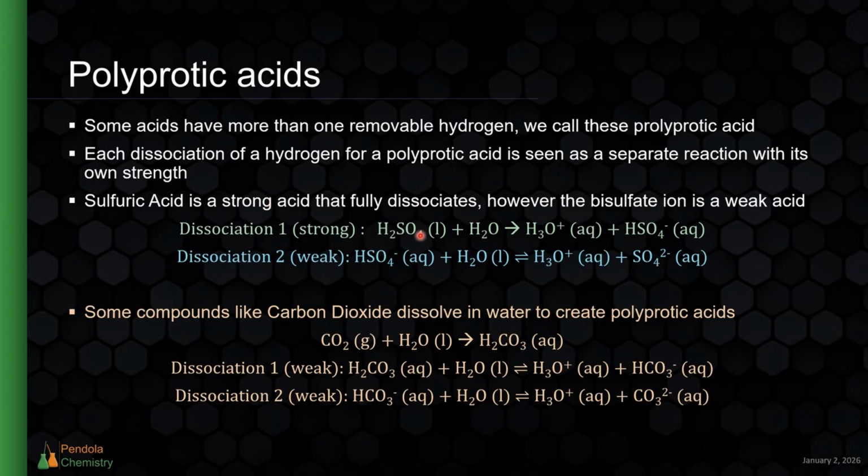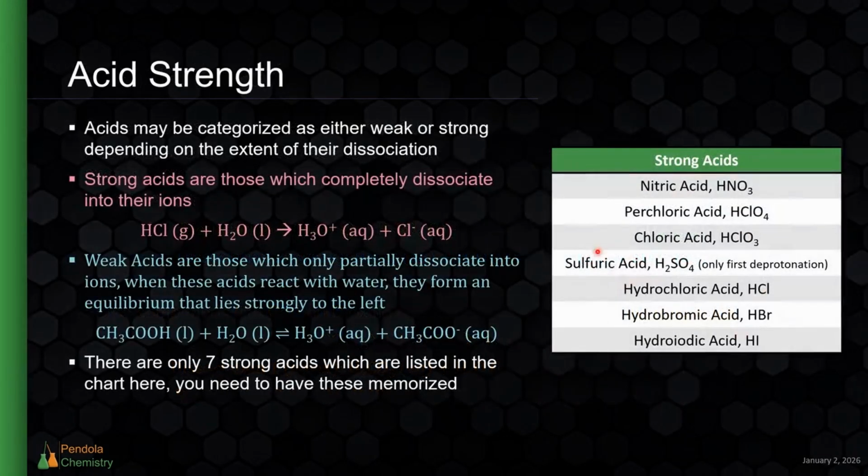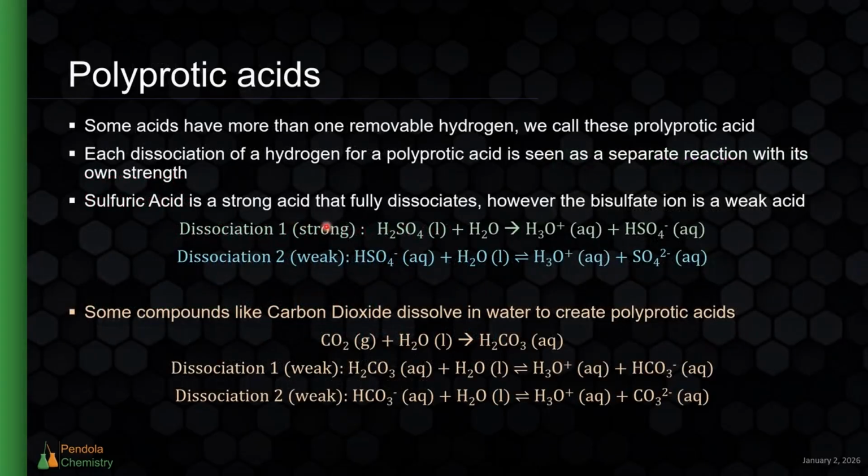Like I said earlier, sulfuric acid is considered to be a strong acid. It's right here, but only its first dissociation. The losing of the first hydrogen by sulfuric acid is a strong, complete dissociation. It is what makes it a strong acid. But losing that second hydrogen by HSO4 minus is an equilibrium reaction.